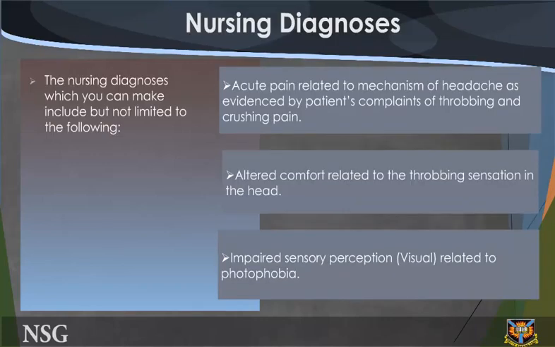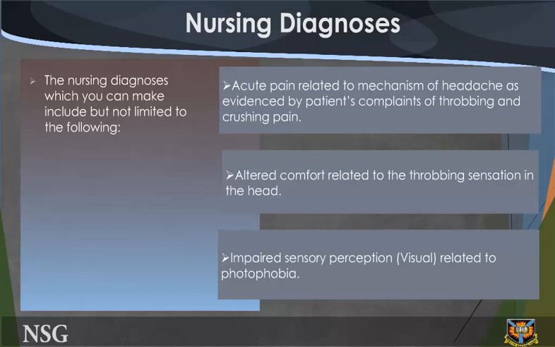Nursing diagnosis. The nursing diagnoses which you can make include, but are not limited to, the following. Acute pain related to mechanism of headache as evidenced by patient's complaints of throbbing and crushing pain. Altered comfort related to the throbbing sensation in the head.